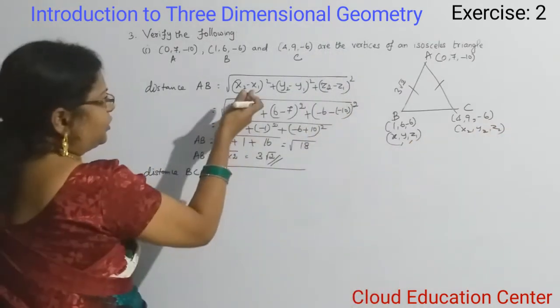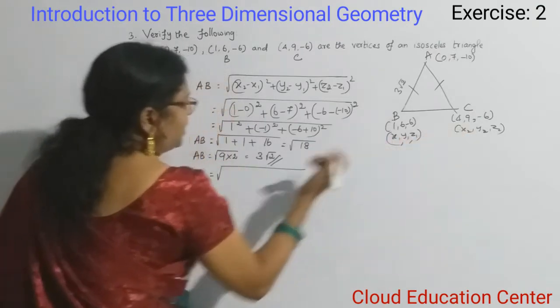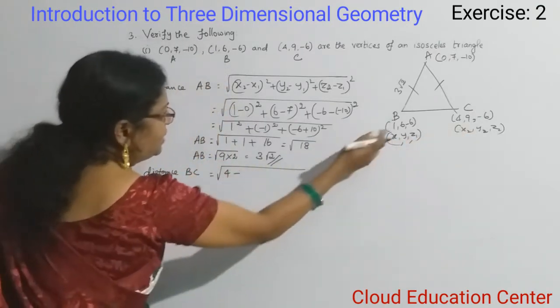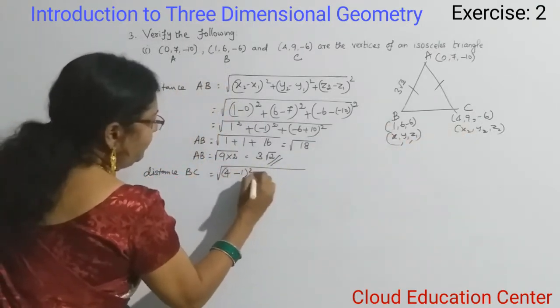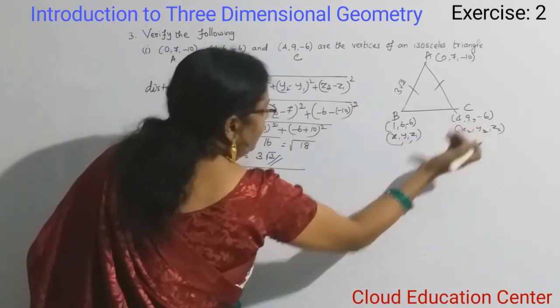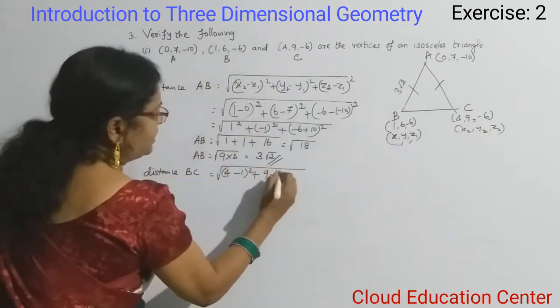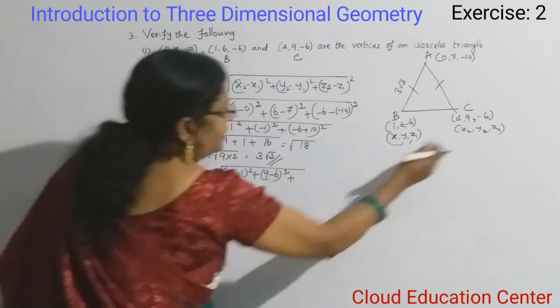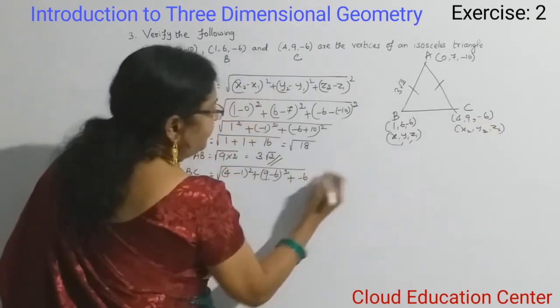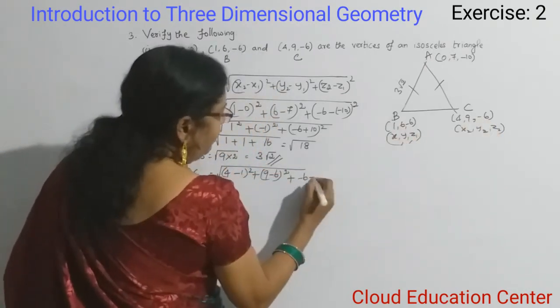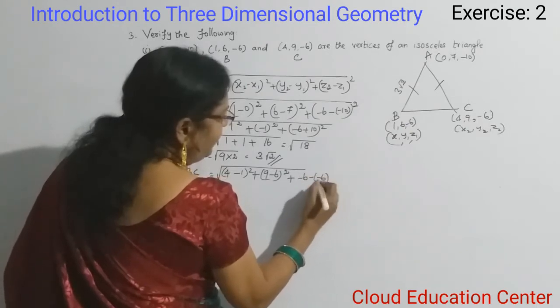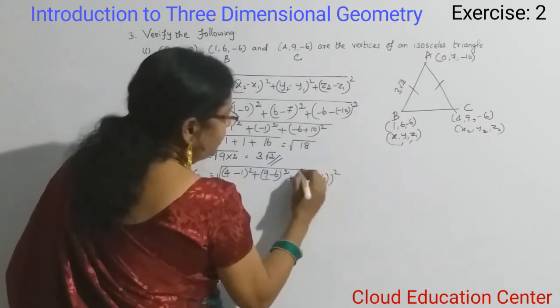So, x2 minus x1: x2 is 4 minus 1, the whole square, plus y2 minus y1: y2 is 9 minus 6, the whole square, plus z2 is minus 6, z1 is again minus 6. This is the formula minus, this is the value minus, the whole square.